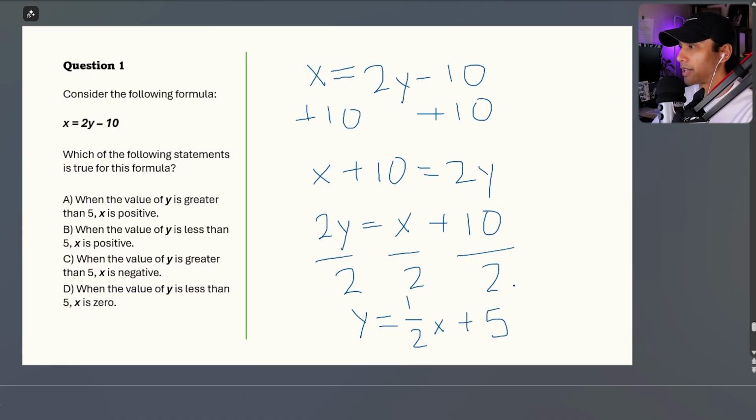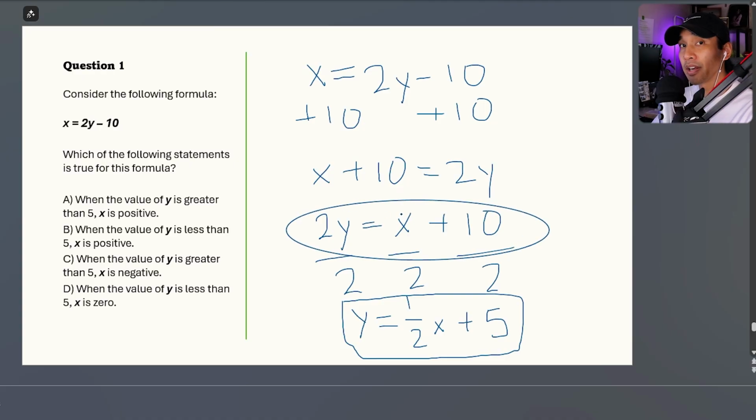What is 10 divided by 2? 5. What is x divided by 2? It's 1/2 x. So now we have our equation that we can graph. We can also graph this by figuring out the x and y intercepts, which is our next step.